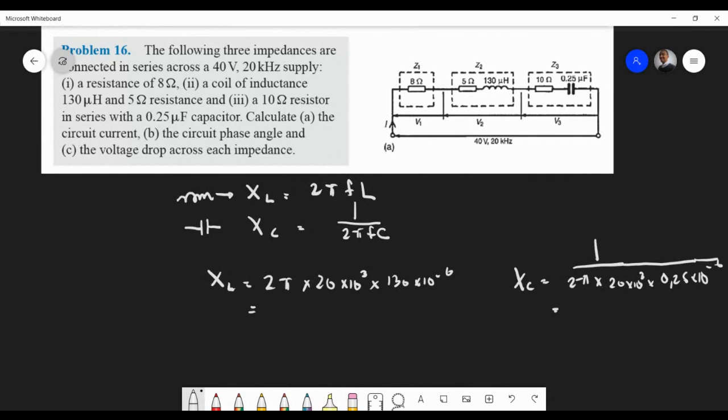Just quickly do that. 16.336 ohms. Yep, that's right.